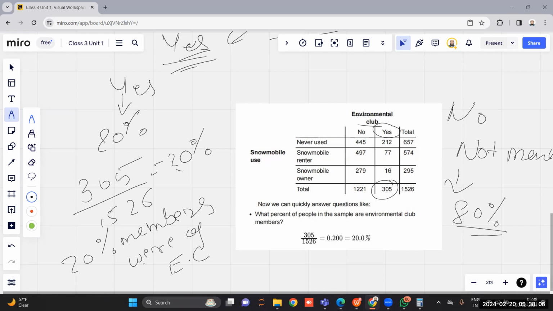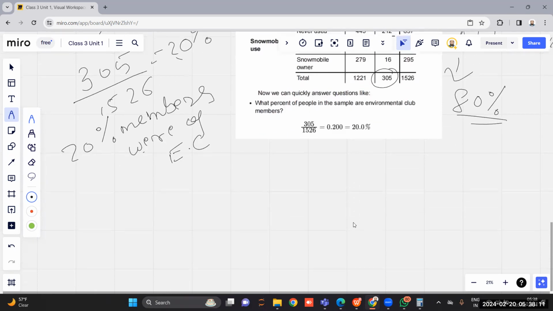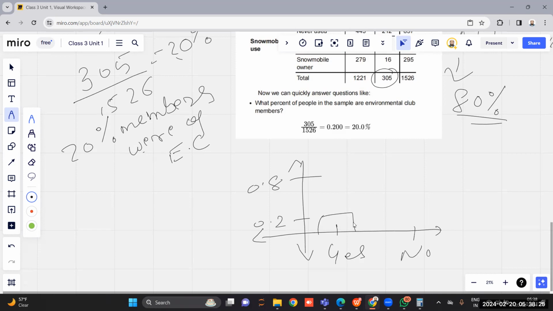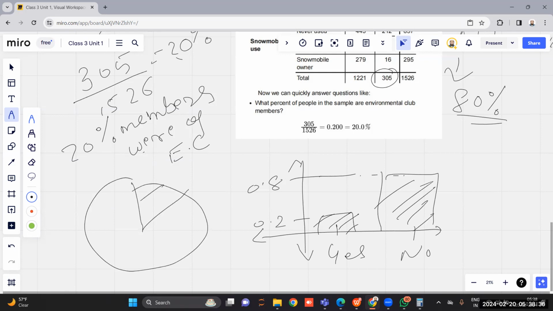This is how relative frequency works. When we draw a bar chart or a pie chart for a binary output, for example 0.2 and 0.8, the bar for yes would be short and for no it would be bigger. In a pie chart, I'll make this 20% here, and the remaining area would be 80%. Now we'll move on to the next question.